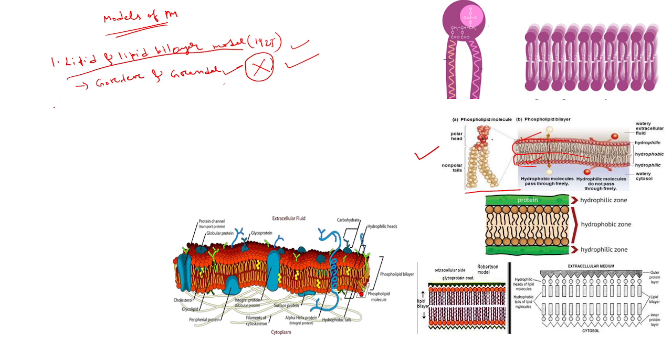So the second model is called the sandwich model. It was discovered in 1935 by Danielli and Davson.